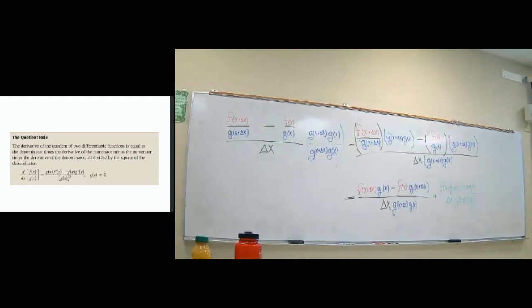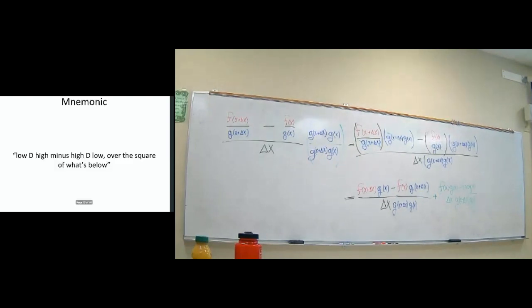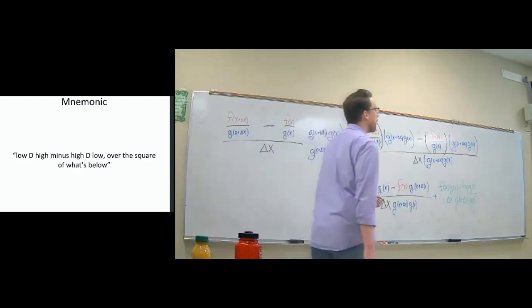All right, how the hell are we going to remember this? Remember it with this great mnemonic: low d high minus high d low over the square of what's below.